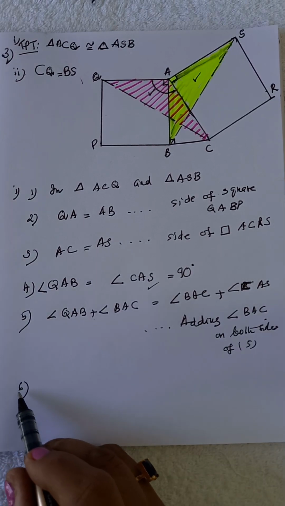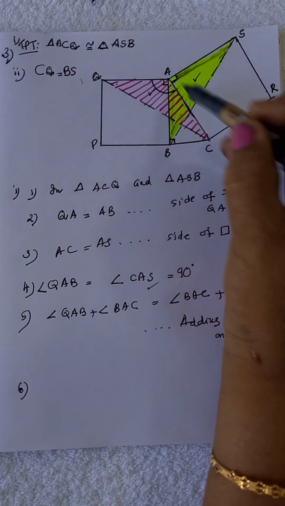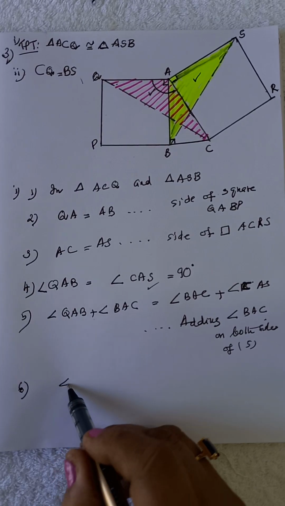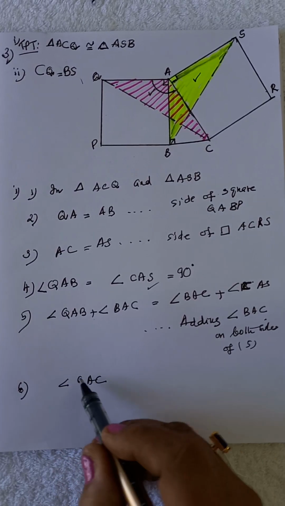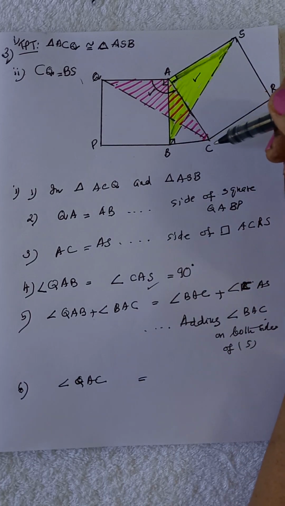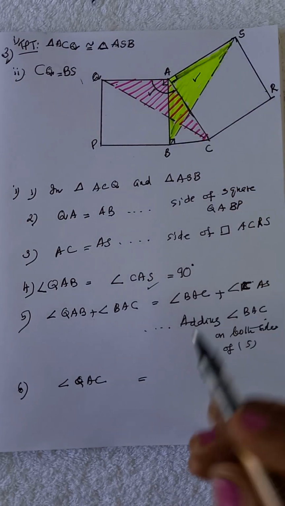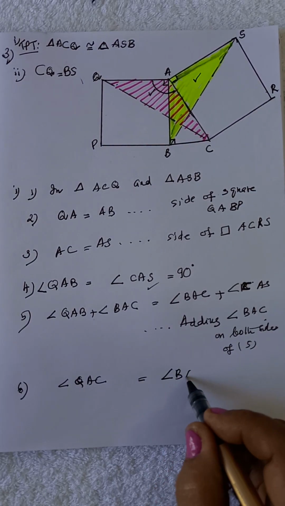Now sixth point we can write. So QAB plus BAC is QAC. So we can write angle QAC is equal to angle BAC plus angle CAS, that is angle BAS. So angle BAS.